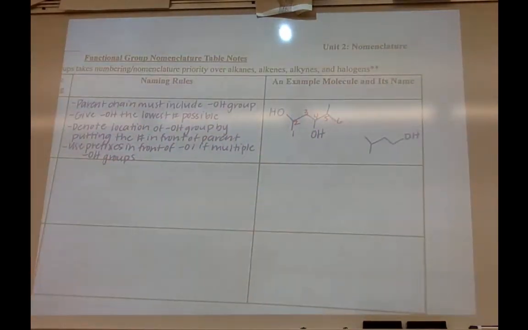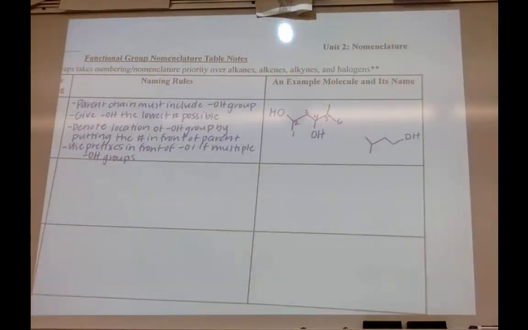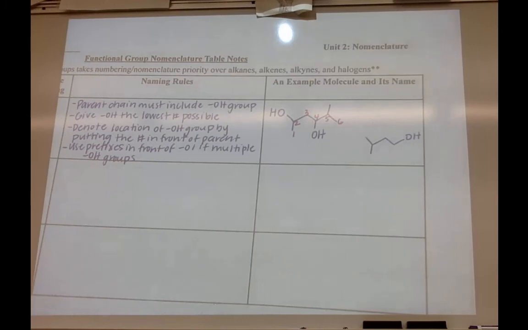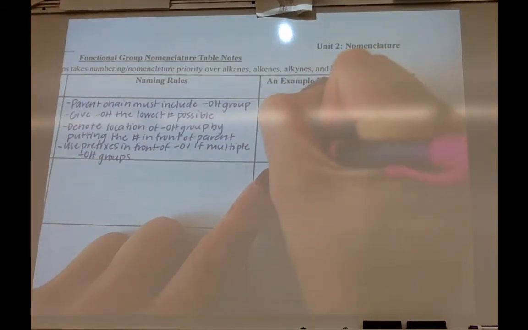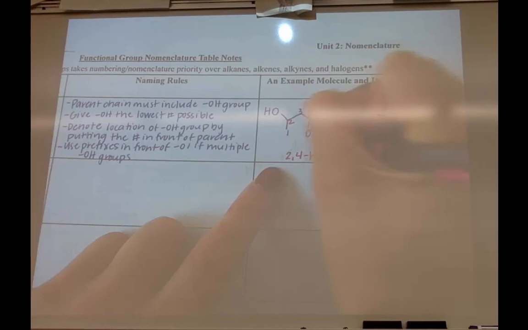Because there are 2 OHs, it becomes a diol. What is 6 carbons? Hexane. The parent name of this is hexane diol. All one word. So it would look like, let's see, 2, 4 hexane diol.